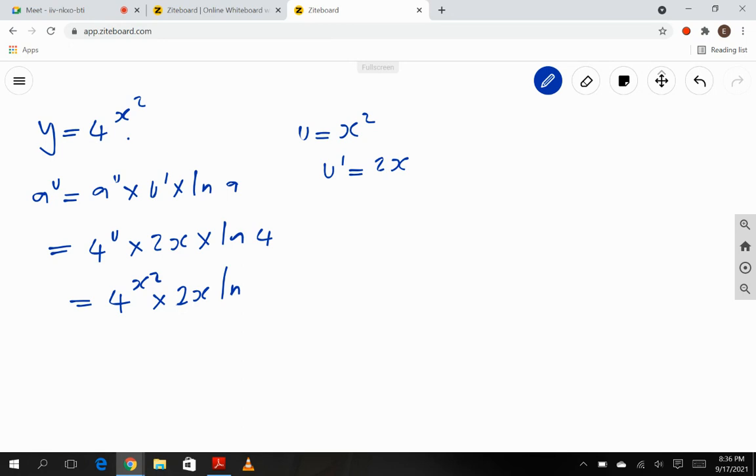Okay, I'm going to remove all this. I just want to write it in full so that we can all follow. So how can this be made neat? Okay, so I'm going to say 2x, 4x squared and ln 4. So basically that's how you would go about it.